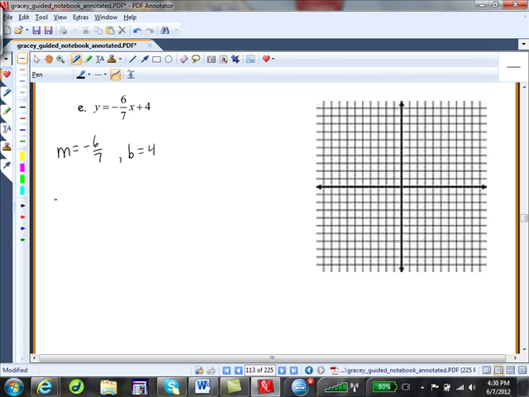So let's go ahead and say, this one we can go 6 down and 7 to the right of the y-intercept. Okay. And then our y-intercept is the ordered pair 0, 4.